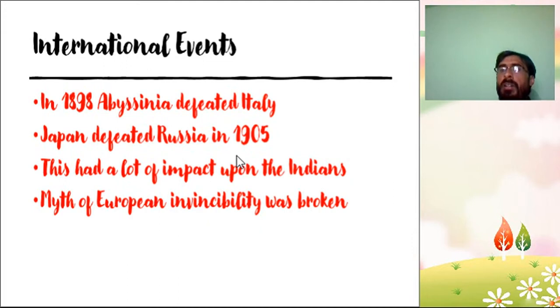In 1905, Japan, a small Asian country, defeated Russia, a great power at that time. This had a lot of impact upon the Indians. This broke the myth of European invincibility, and this made the Indians realize that if they could get united against the British, they would be able to force the British to leave India.